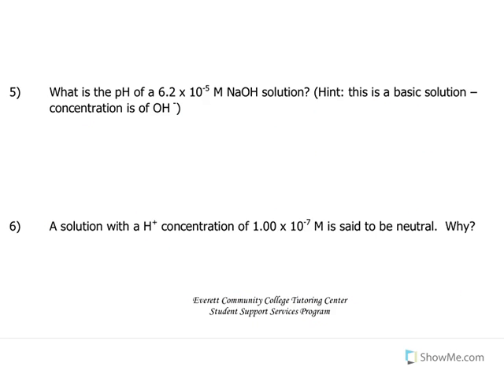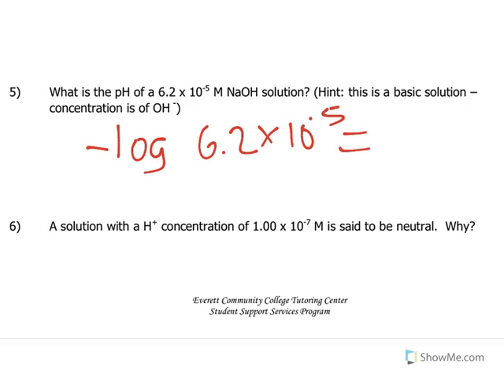Here are a couple more questions. It says, what is the pH of a 6.2 times 10 to the negative 5 molar NaOH solution? So this is a base once again, so we're going to do the negative log of this base, of 6.2 times 10 to the negative 5. We do the negative log, and that's going to give us the pOH, which is 4.2.